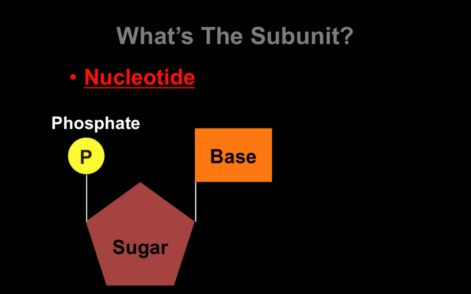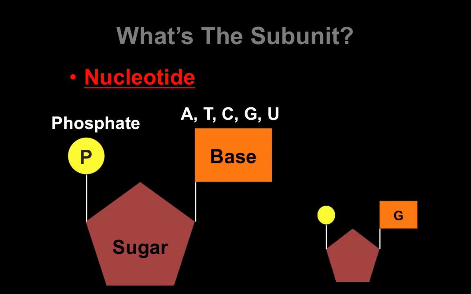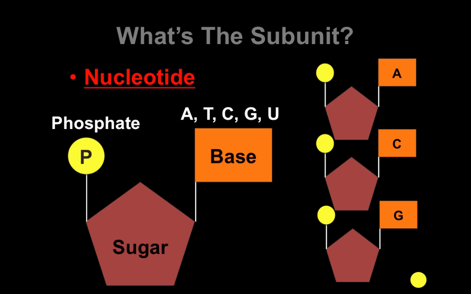And I know that seems kind of weird that you have a sugar creating the subunit of a different organic molecule, but that's the way it is. Sugar, phosphate, base. And later on we'll look at these bases, they're going to be really important. We have A, T, C, G, and U. And nucleotides will bond together to create these long chains to store data.